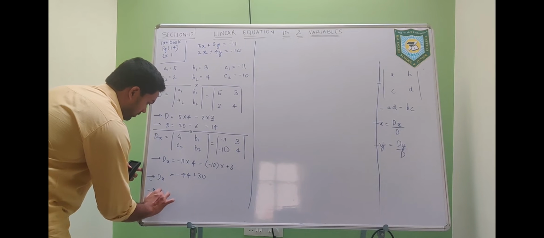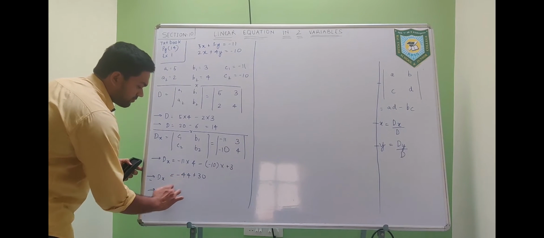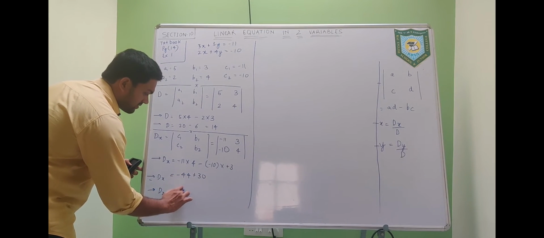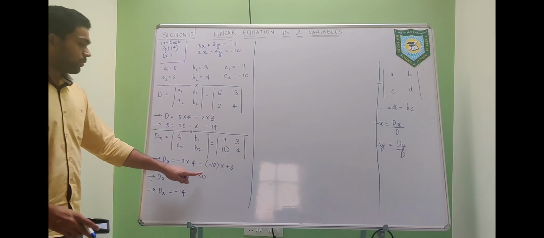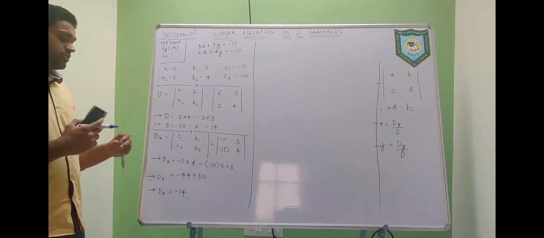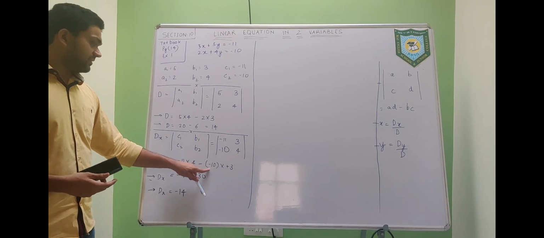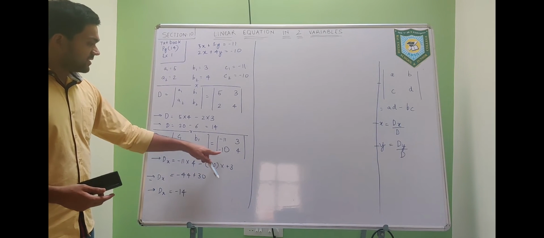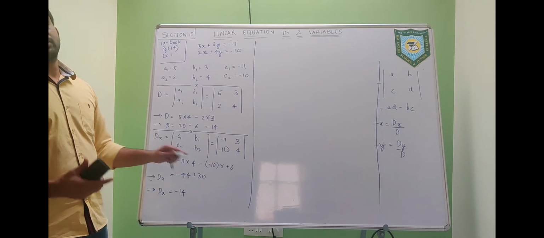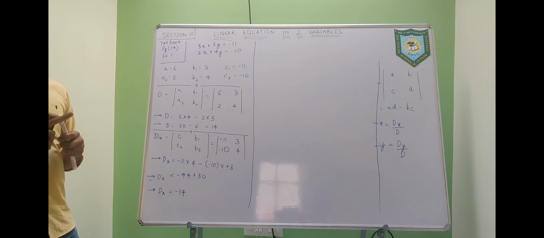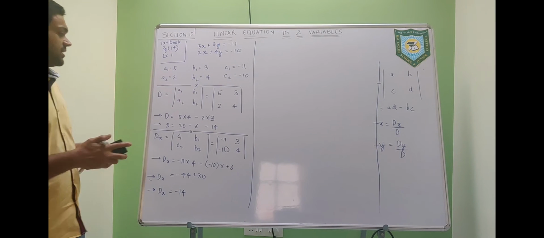So now the value of dx comes as minus 44 plus 30 is minus 14. This is very important. A lot of you students do make mistakes in writing this value down. This minus and this minus are not the same. They are two different negative signs. We need to account for both the negative signs.